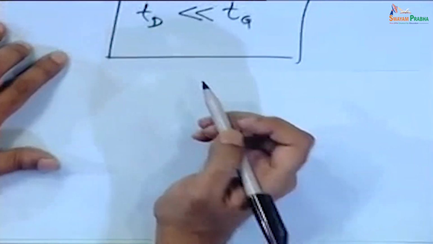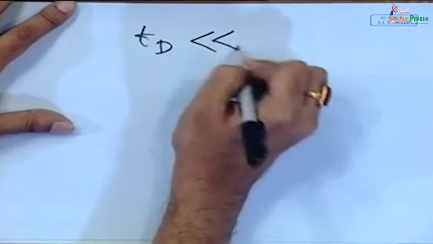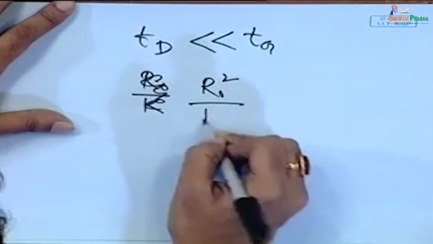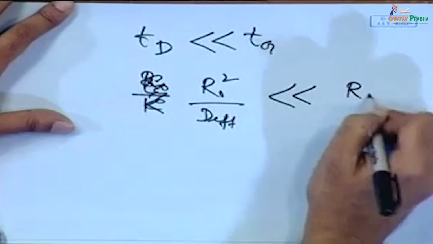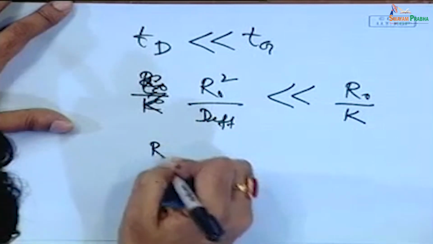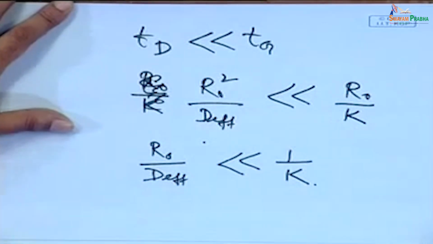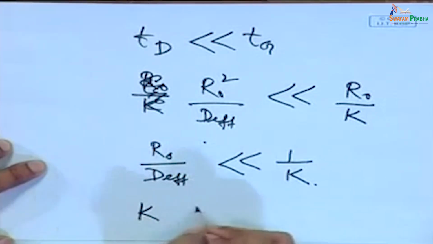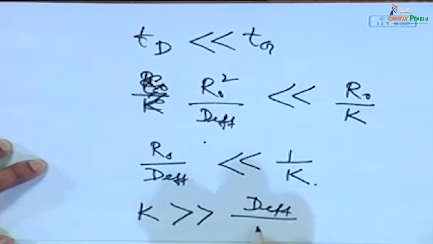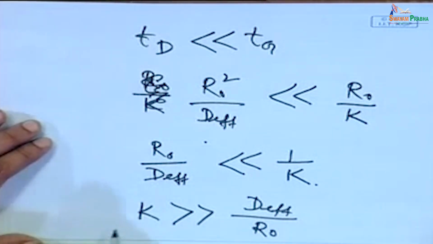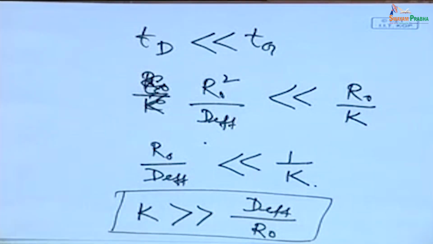That is my requirement, which means r naught square over D effective should be much smaller than r naught over K, which means r naught over D effective should be much smaller than 1 over K, or K should be much greater than D effective over r naught. Okay, so this is the criterion that we need for quasi steady state to be valid.